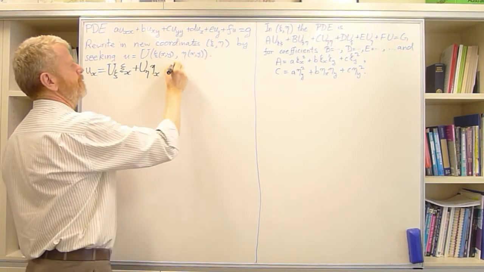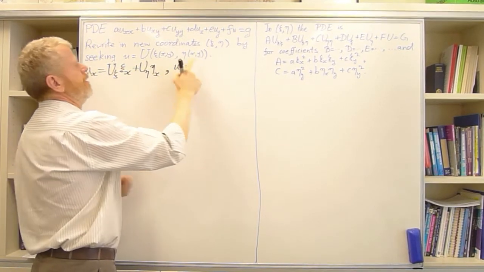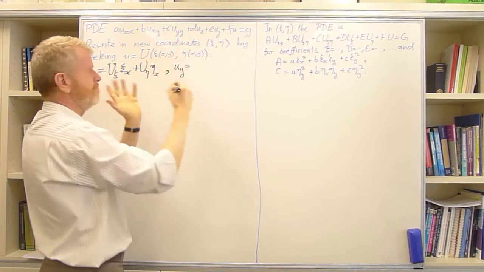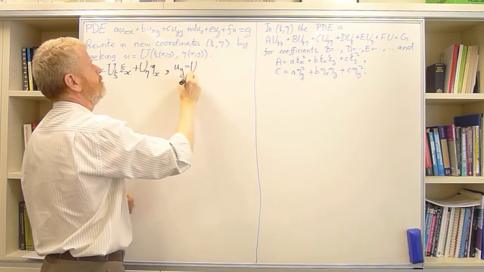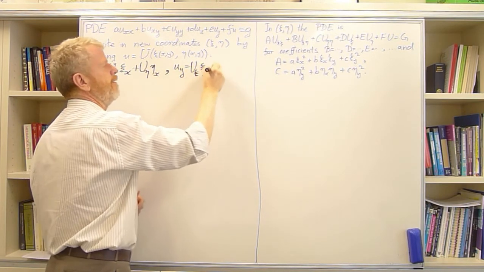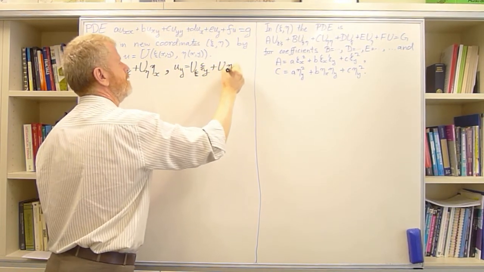Similarly for the y derivative, du by dy. Y dependence occurs in two places, chained through psi and eta. Therefore, du by dy is u psi dpsi dy plus u eta d eta dy.